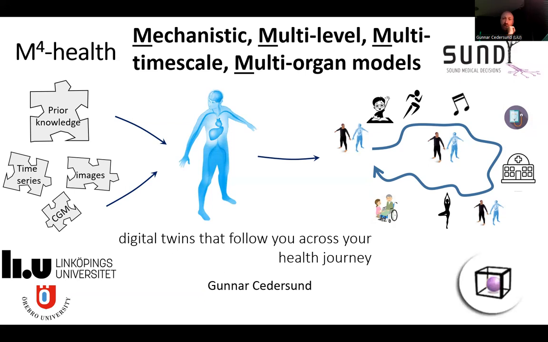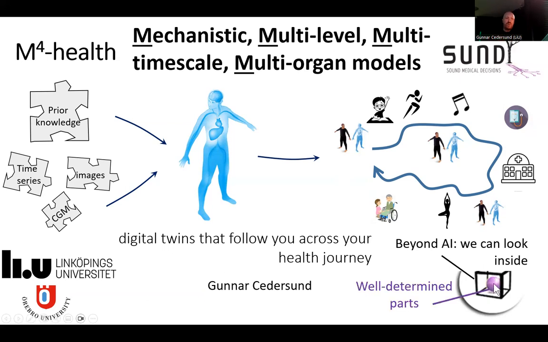And the logotype of my research group is here, and this symbolizes that we go beyond what you typically think about when you talk about AI, because our models, you can look inside, they are mechanistic. And you can also see which parts of the predictions, which aspects of the model, are well determined and which are not. And the well determined parts we call the core predictions.